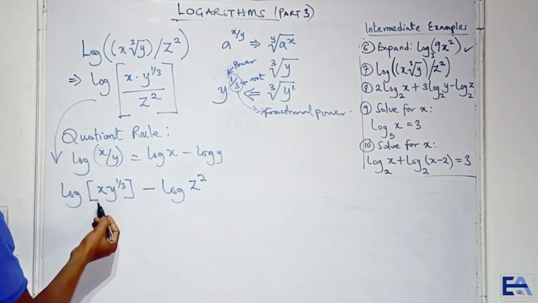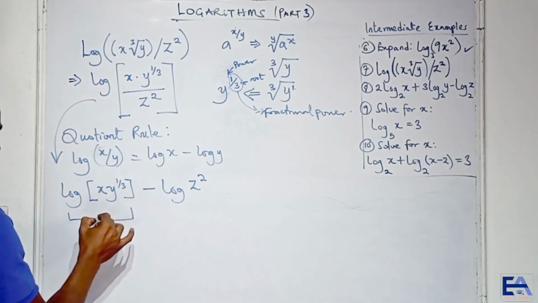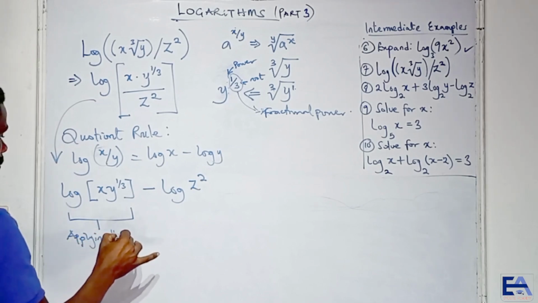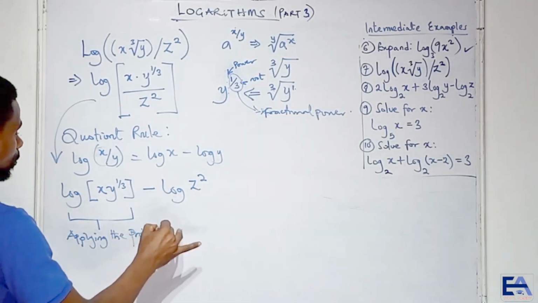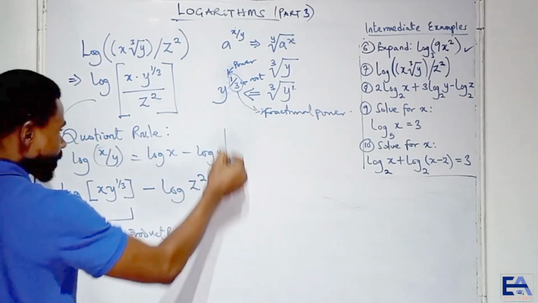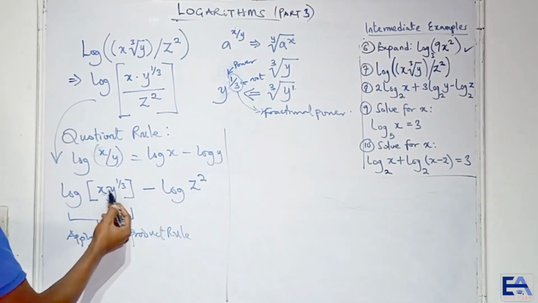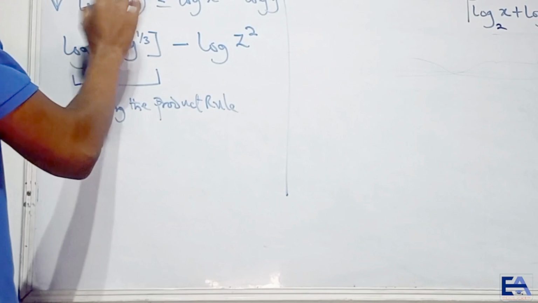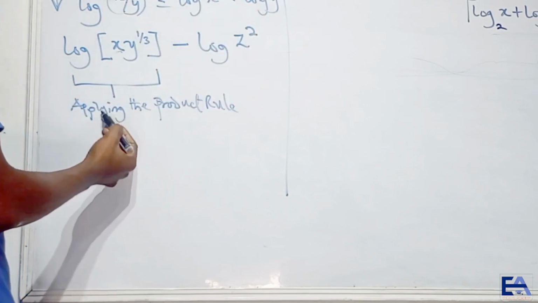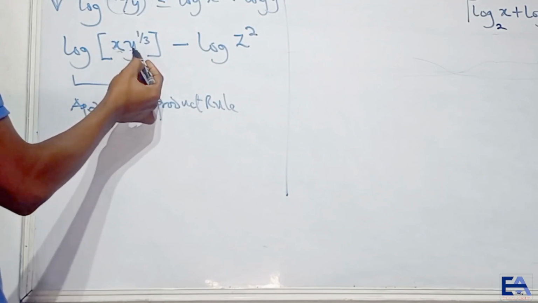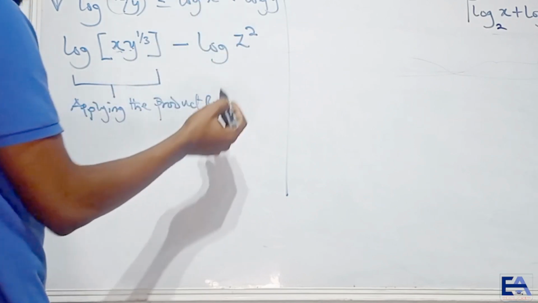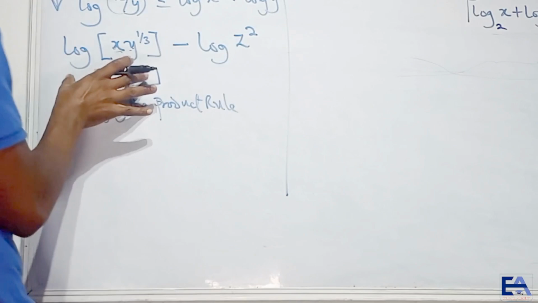Now, here we apply the product rule. You know what the product rule says? When they are multiplying, you use plus. But when they are dividing, you use minus. So here, since x is multiplying y raised to 1 over 3, we are going to use plus to simplify this part.